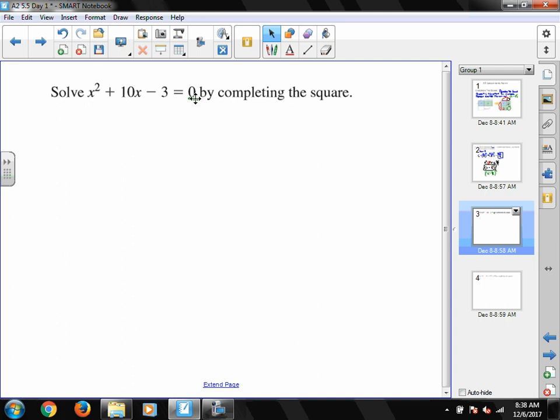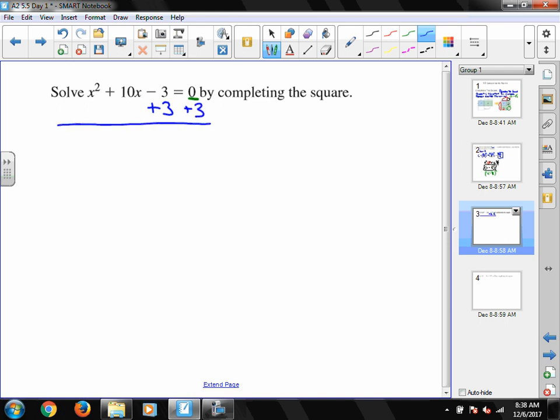We just want x squared and x terms on one side, so we're going to get rid of that 3. We're going to add it over to both sides. So I have x squared plus 10x, and I'm going to leave a space because I know I'm going to add on something, whatever that c value is, and that is going to be equal to 3.